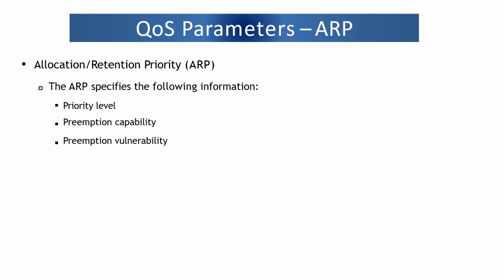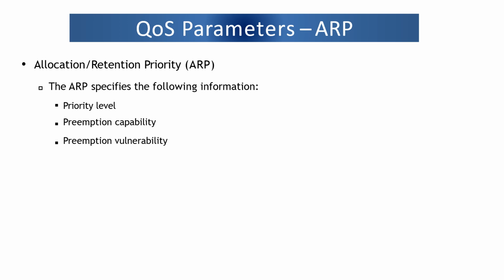The preemption capability defines whether a bearer is allowed to obtain resources allocated to another bearer, or we can say another user with the lower ARP. The preemption vulnerability defines whether a bearer can release the resources assigned to it in order to admit a bearer with a higher ARP priority level.